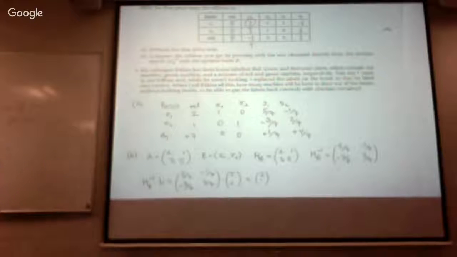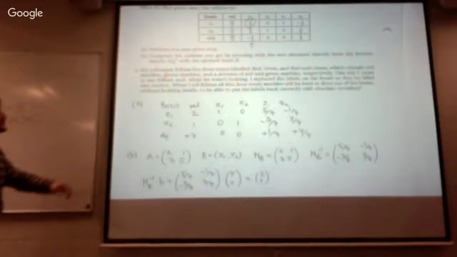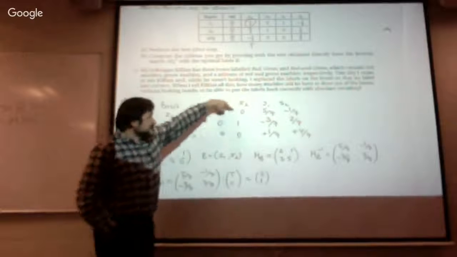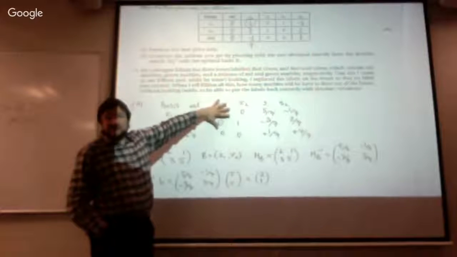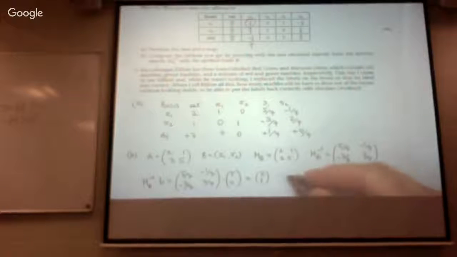Okay, and if you want this part of the tableau where the decision variables are sitting, then you need to take MB inverse and multiply it by the matrix A. But because MB inverse is just the same as A inverse in this particular example, that can't be anything other than the identity matrix.